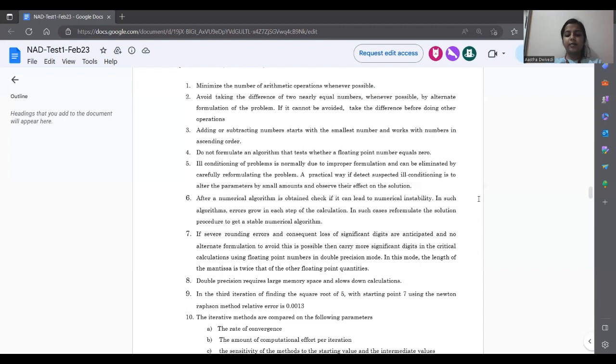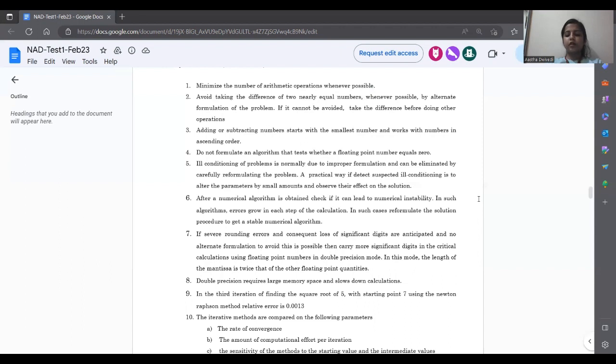If numeric instability is detected, then the solution procedure may need to be reformulated to get a stable numeric algorithm. This may involve using alternative numerical methods or algorithms that are known to be more stable, modifying the existing algorithm to reduce the impact of numerical or roundoff error, or introducing additional constraints or assumptions to improve the conditioning of the problem.